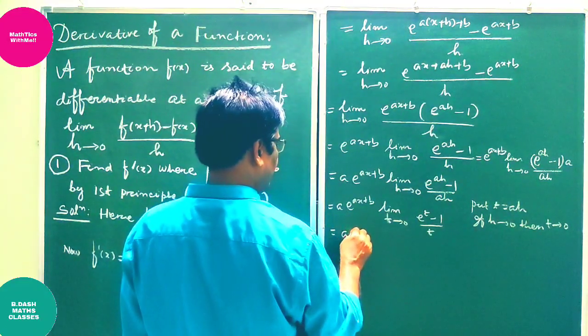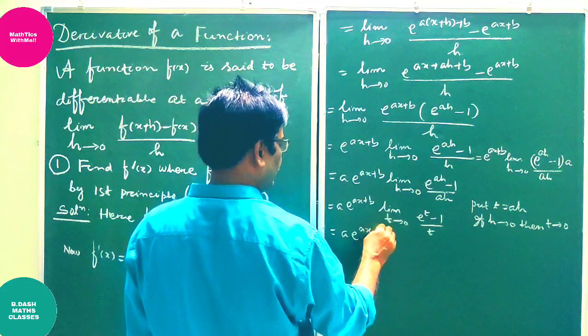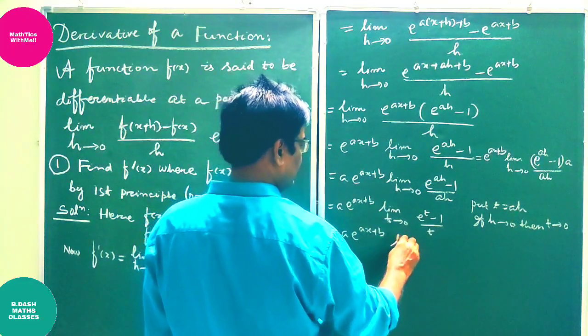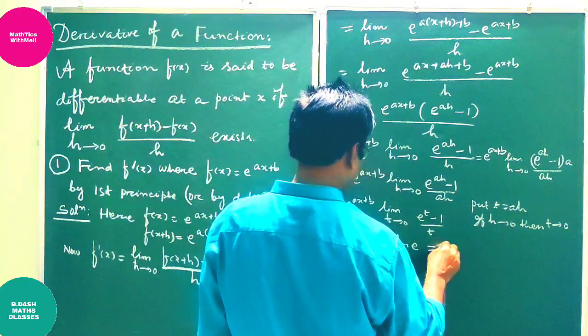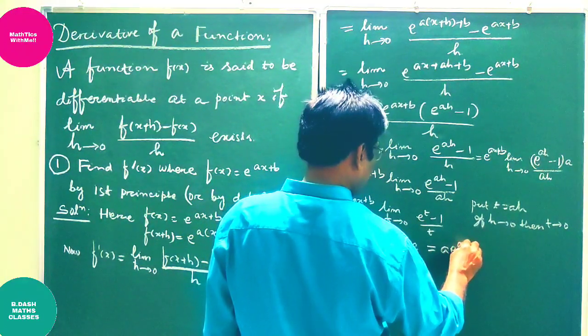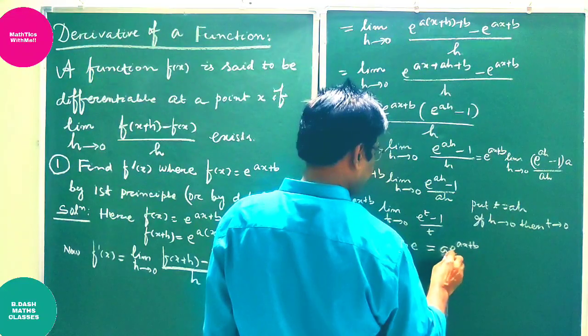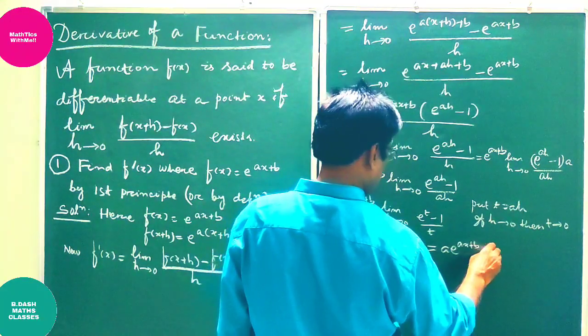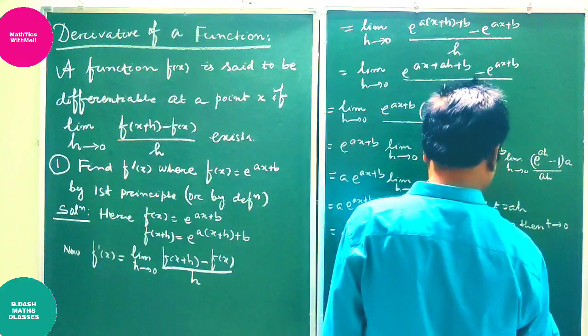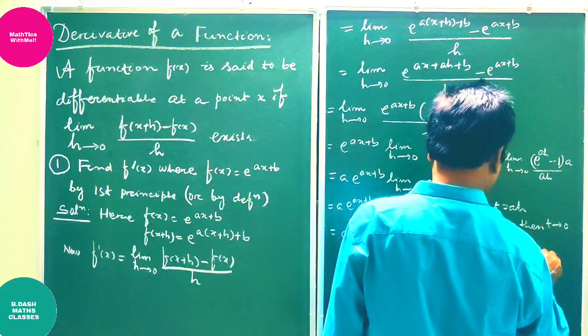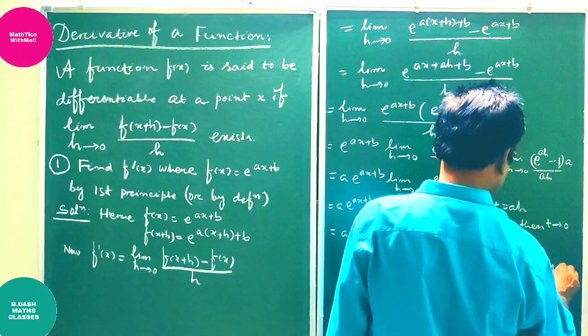So this is a e to the power a x plus b ln e, which is equal to a e to the power a x plus b into 1. So this is equal to a e to the power a x plus b, answer.